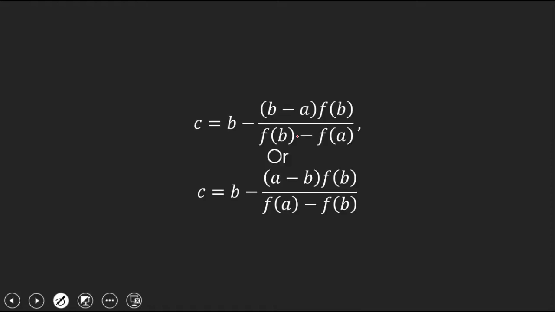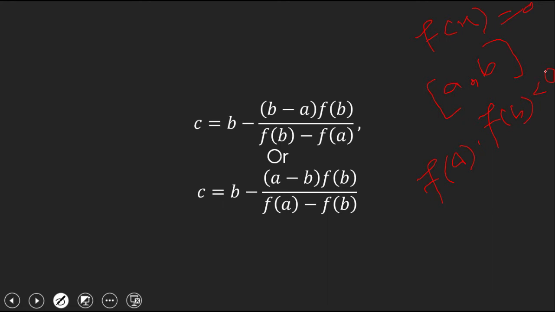So the general form for any function f of x equal to 0, where the function is continuous in interval a b, and f of a dot f of b is less than 0, then c will be an approximate root which touches the x-axis and is near to the root of the function.